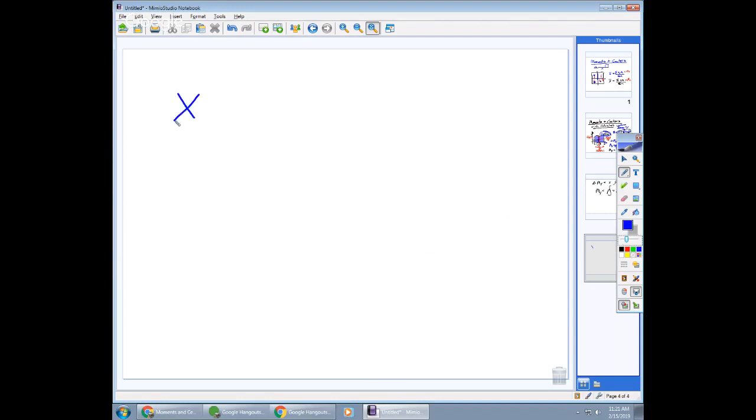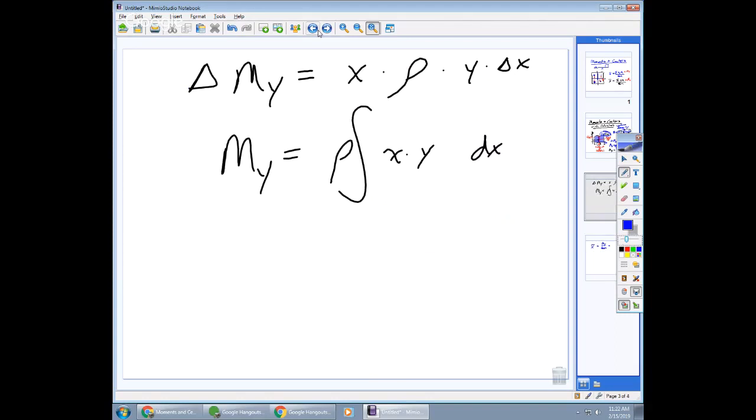So the average x value of a continuous region then is just the moment about the y-axis divided by the total mass. What's the moment about the y-axis? Well, the moment about the y-axis is just x times y.